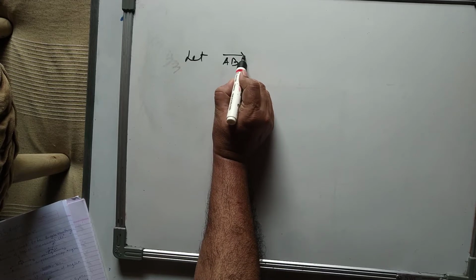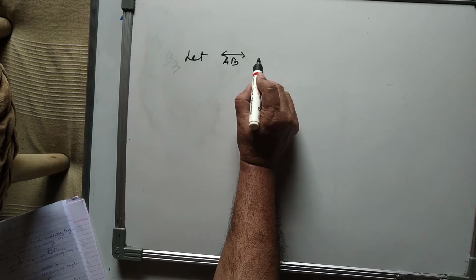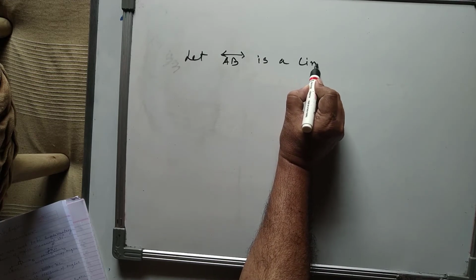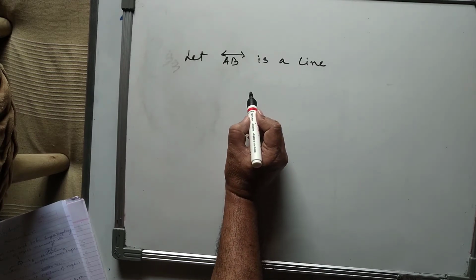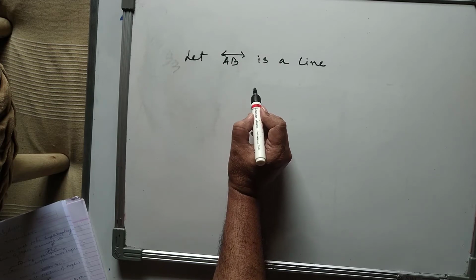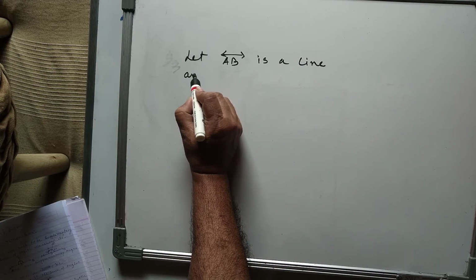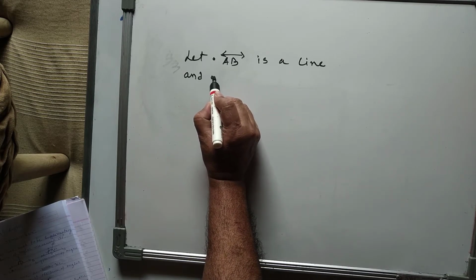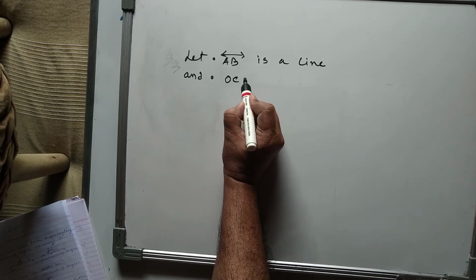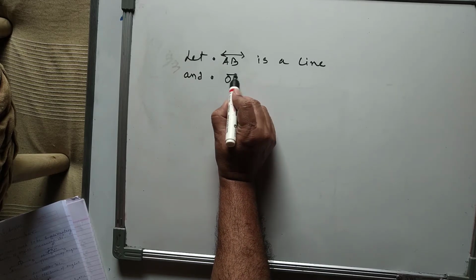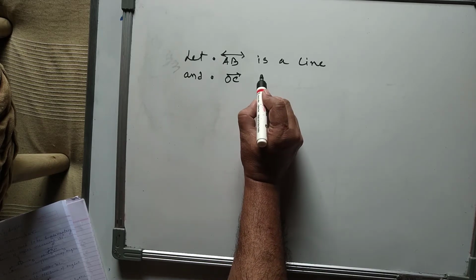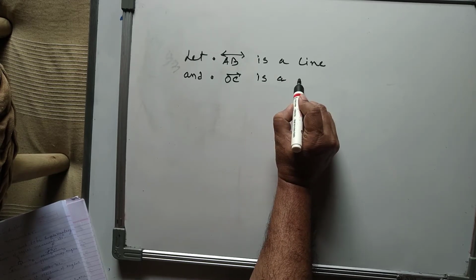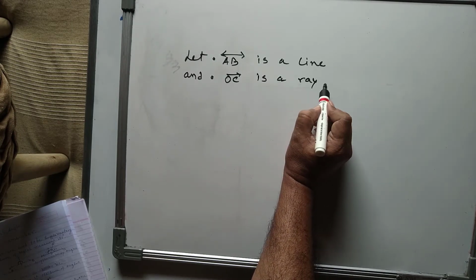Let AB be a line and OC be a ray. You know what is a line and a ray?